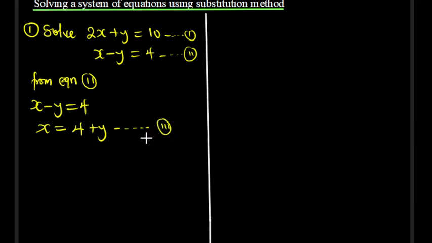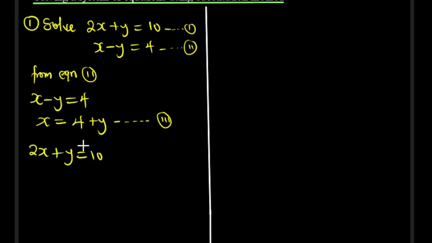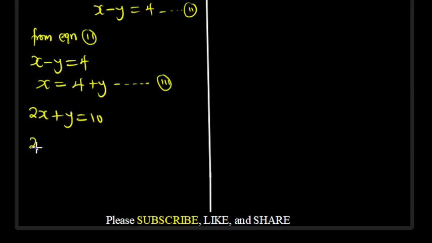So the next thing is to plug in the value of x into equation 1. That is to say, equation 1 is 2x plus y is equal to 10, right? So anywhere I see x, I'll put 4 plus y. So this becomes 2 open brackets 4 plus y, plus y is equal to 10.